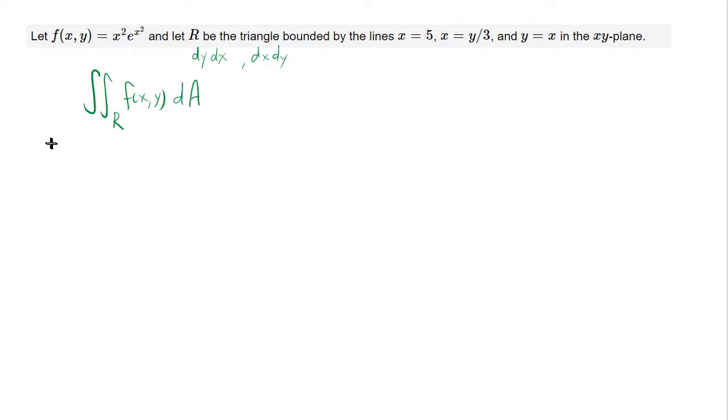Now, hopefully you know that if you have dy inside, then the things that you write here are y equals to something. Even if you don't see a y, it really means y equals to something. For double integrals, the inner one can be a function of x. The outer one has to be a number to number. You can never have an x or y at the outside.